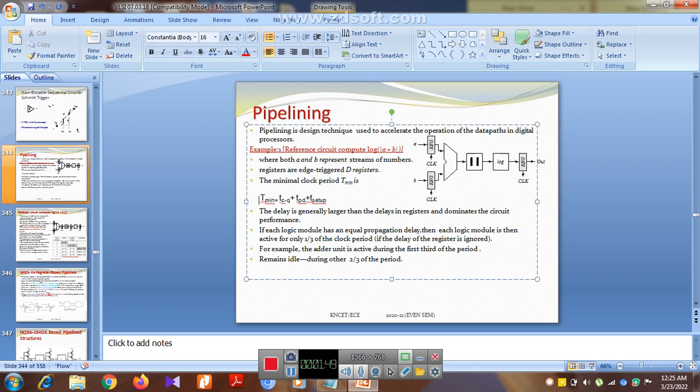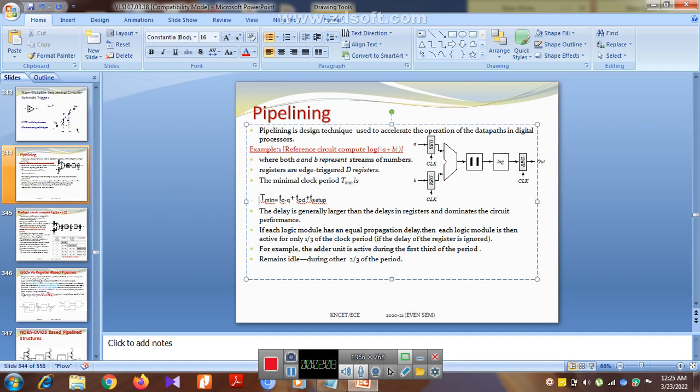Here T C minus Q is a propagation delay, T PD is the worst case of the combinational circuit, and T setup is the setup of the registers.